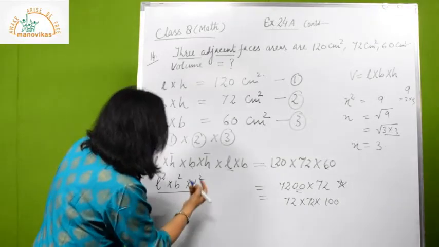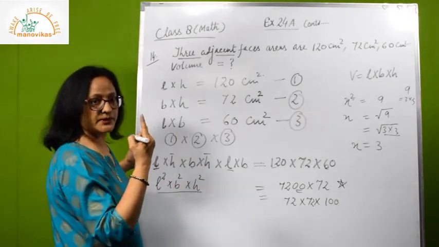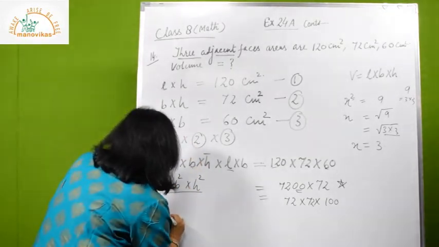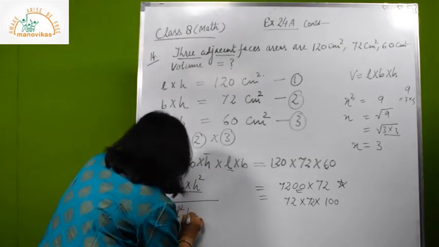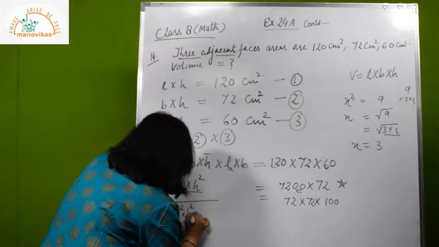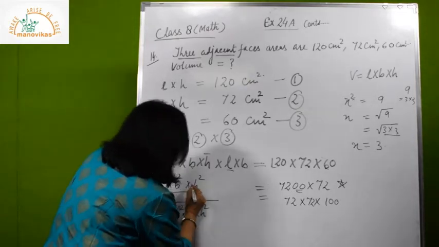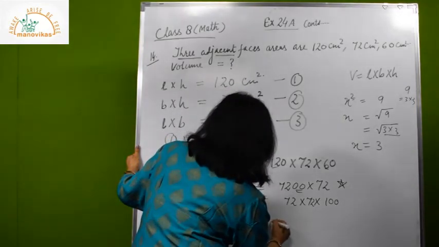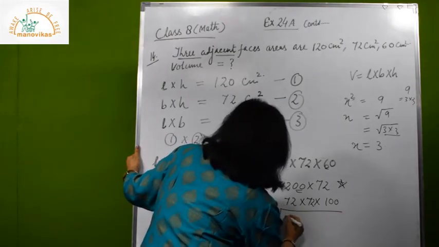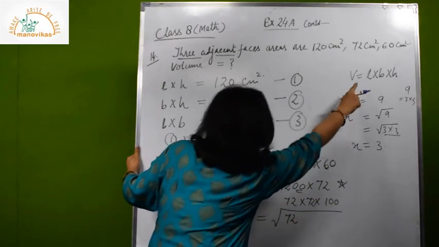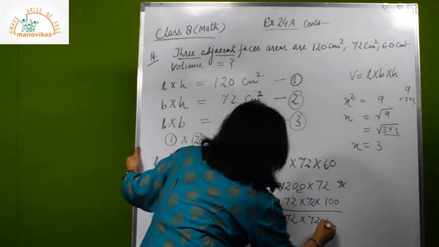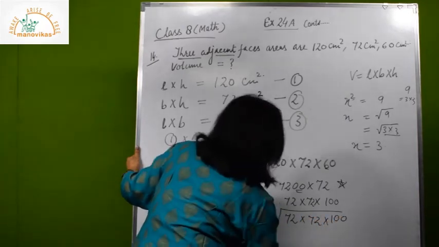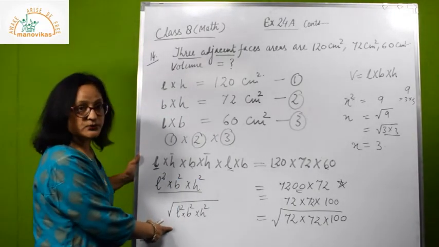Now L into B into H we have to find single power, single exponent. So how can it be single? If we take the square root of L square, B square and H square, if we take the square root on both the side. Why we are doing so? Because we have to find L into B into H only, not the squares. So that's why we are taking the square root of this.